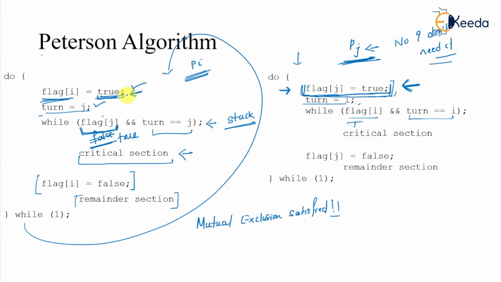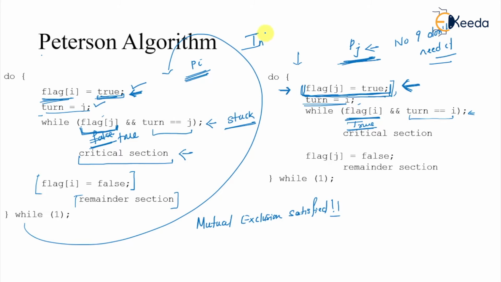The moment the intention is there, flag of i is equal to true. Suppose flag i is true, and flag j is also set to true, then it will set the turn to i, and if it checks the flag value, that is true, which means it will get stuck in the loop, and the other will enter into the critical section.